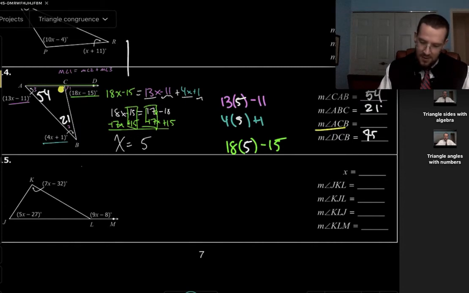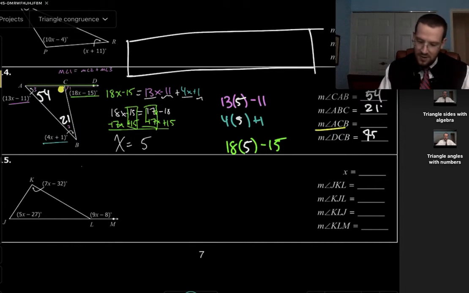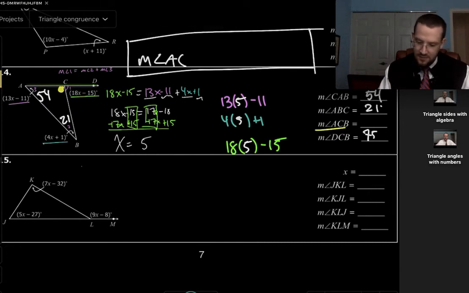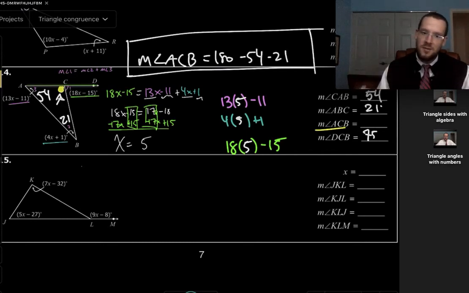Up here I'm just going to do that computation. The measure of angle ACB, our angle here in yellow, is going to be equal to 180 minus 54 minus 21. It's going to be equal to the sum minus each part.